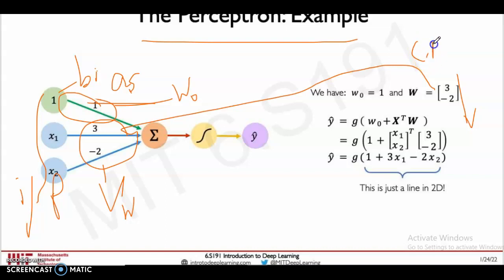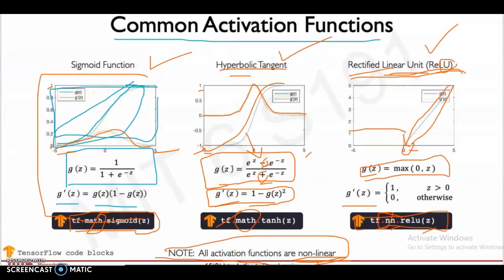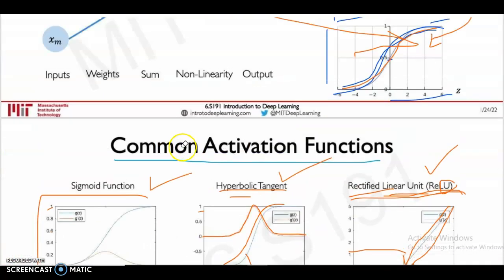The output y cap equals g of, and g we have already seen, is the non-linear sigmoid function.